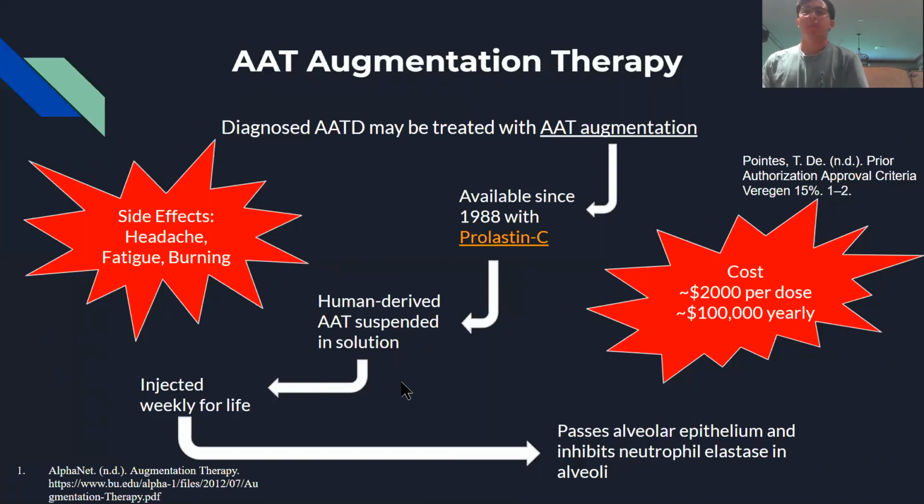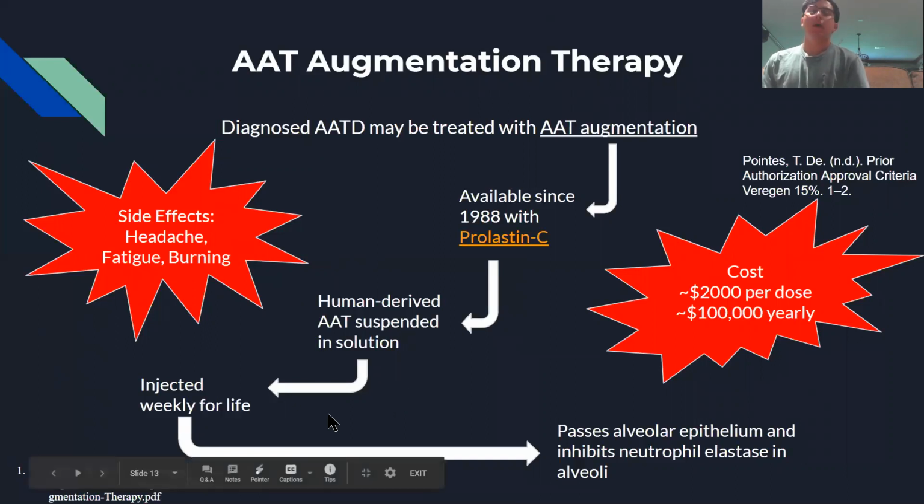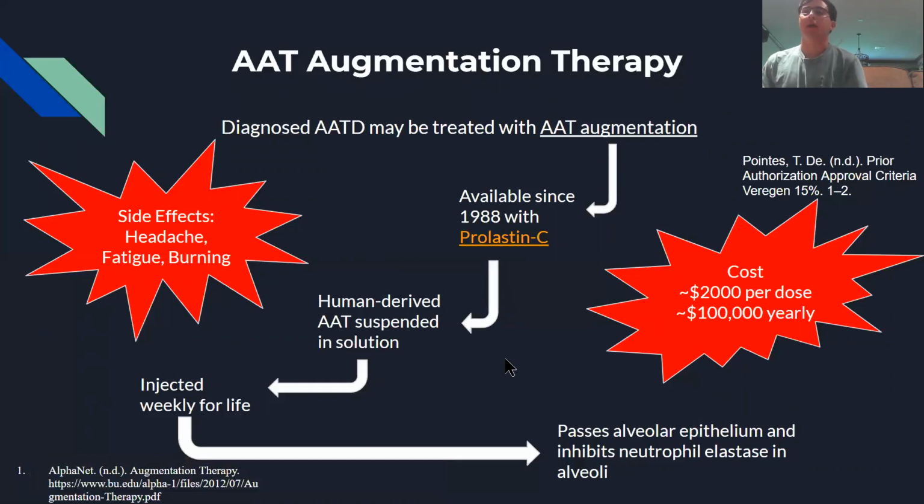Now, there are some drawbacks with this treatment that can make it sort of difficult, but you will need to be injected weekly for the rest of your life if you are a candidate for this treatment. But once you do, the injected AAT will enter your circulation, and then it will pass through the alveolar epithelium in your lungs into the alveoli, where it can inhibit neutrophil elastase. And I'll talk more about that on the next slide.